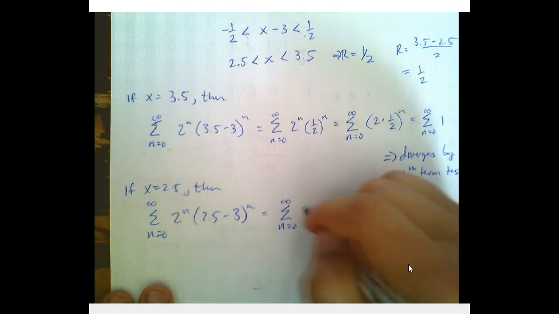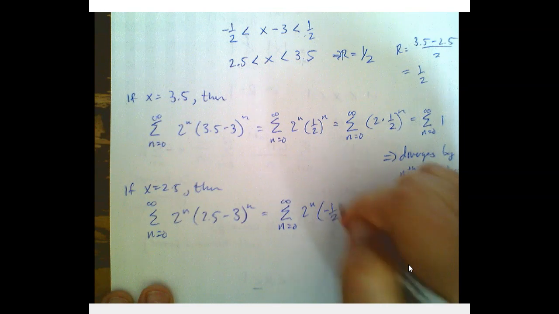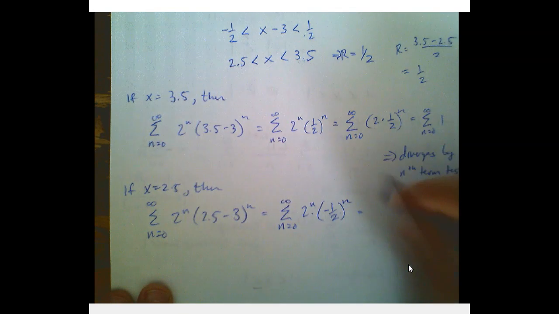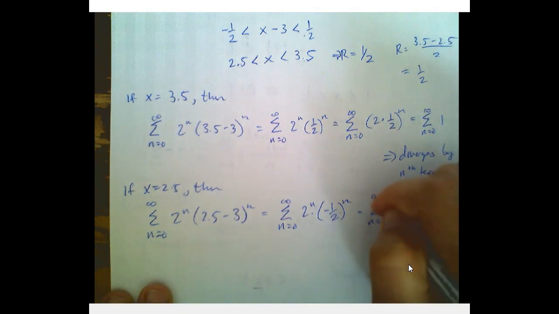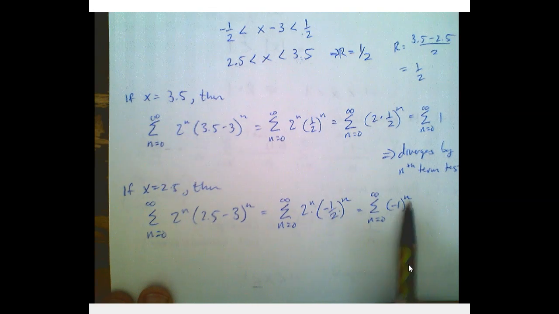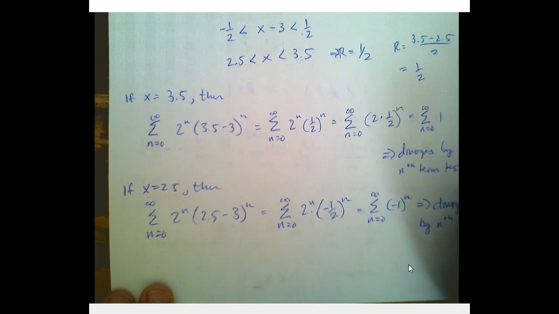That's 2 to the n times, now this will be negative 1/2 to the n, multiplying in because we have the same power, gives negative 1 to the n. And if we check this limit, the limit as n goes to infinity of negative 1 to the n just bounces back and forth between negative 1 and 1. So we know that this diverges also. Diverges by nth term test.